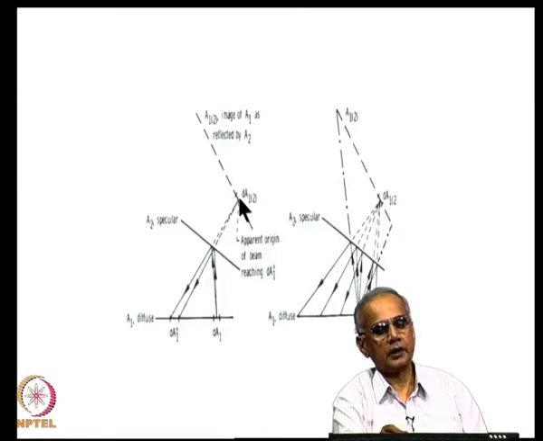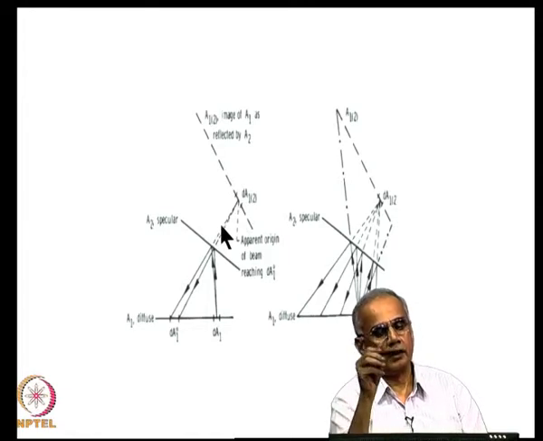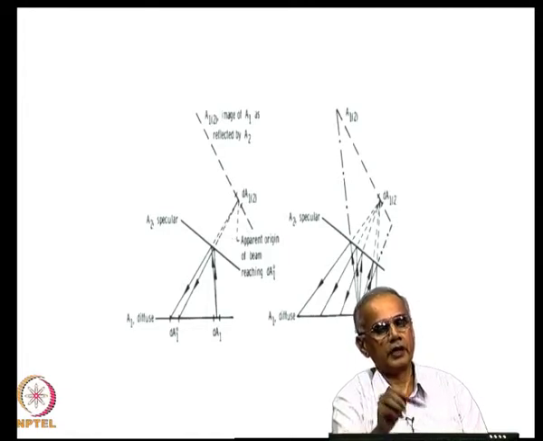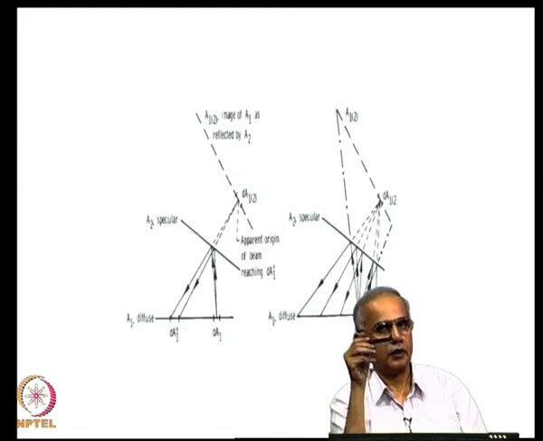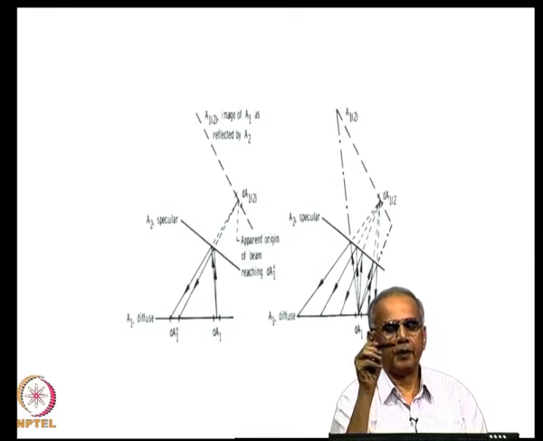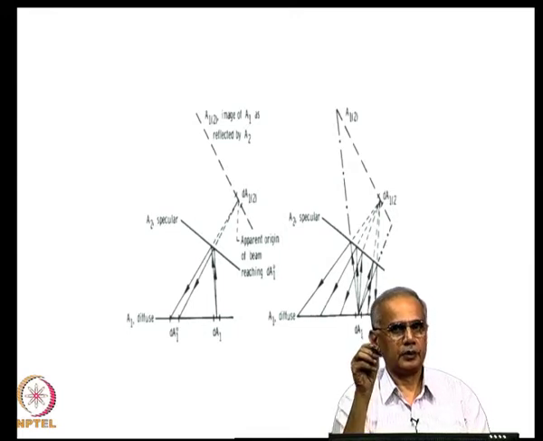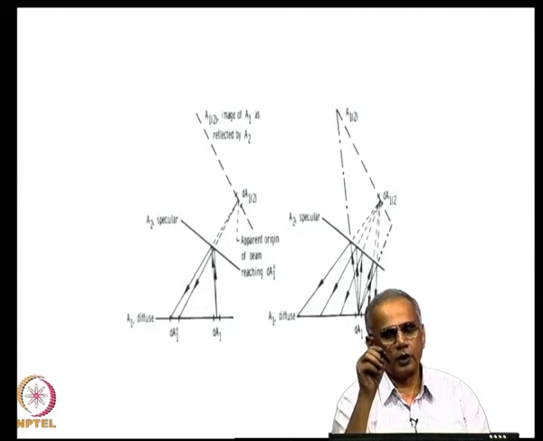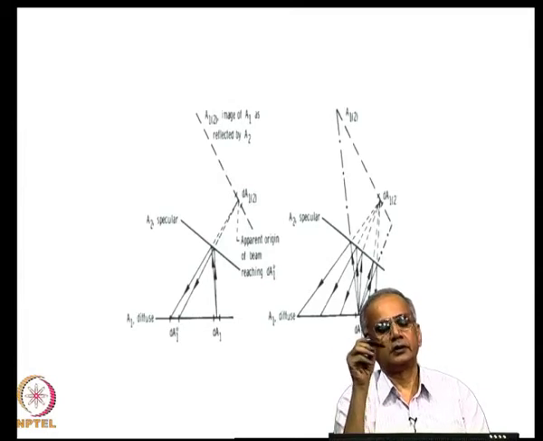Why we like this kind of construction is because if the rays seem to be emerging from an imaginary surface which is a diffuse reflector, then we can use the full power of the radiosity concept, because remember the radiosity concept is valid only for diffuse isotropic reflectors.